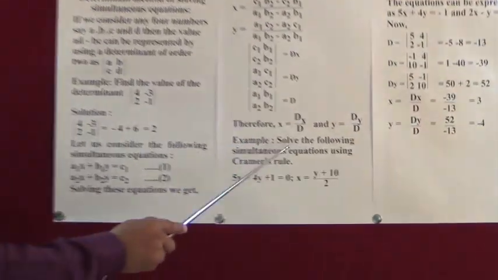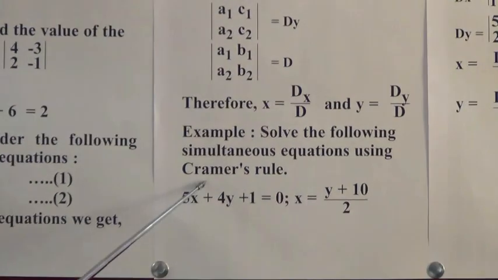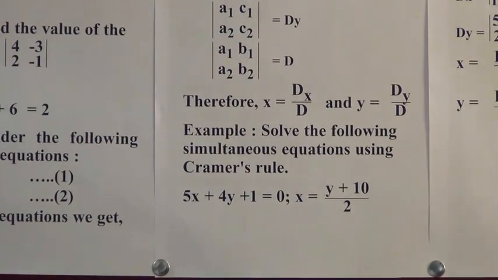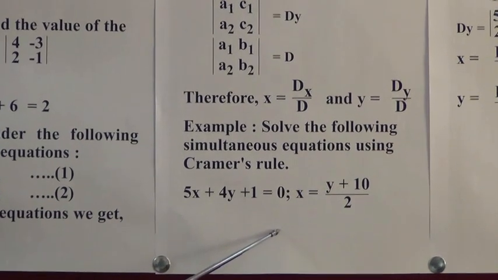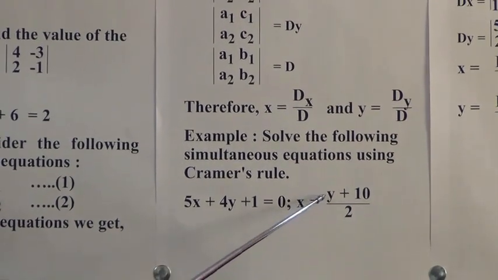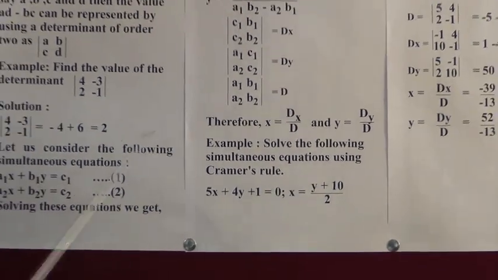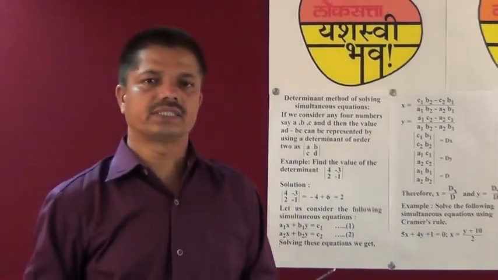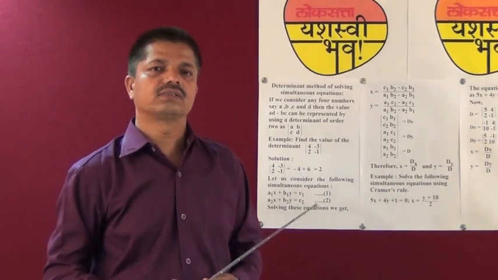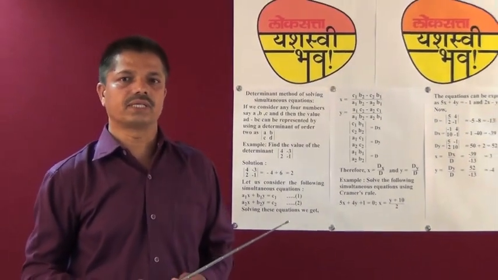Here the question is, solve the following simultaneous equation using Cramer's rule. The equations are 5x plus 4y plus 1 is equal to 0 and x is equal to (y plus 10) upon 2. Student, you should always follow certain steps while solving the simultaneous equation by determinant method.